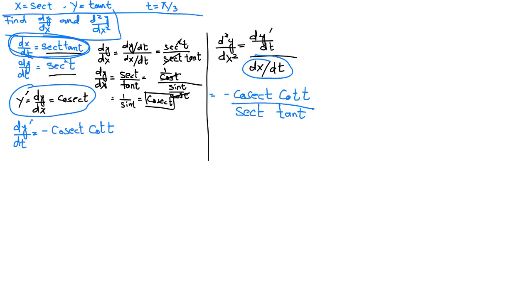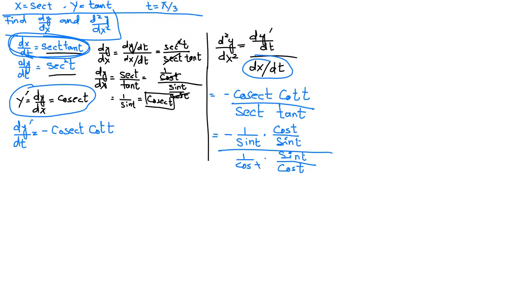Okay, so how can you simplify? You know that cosecant is 1 divided by sine of t, and cotangent means cosine of t divided by sine of t, whole divided by 1 divided by cosine of t into sine of t divided by cosine of t.